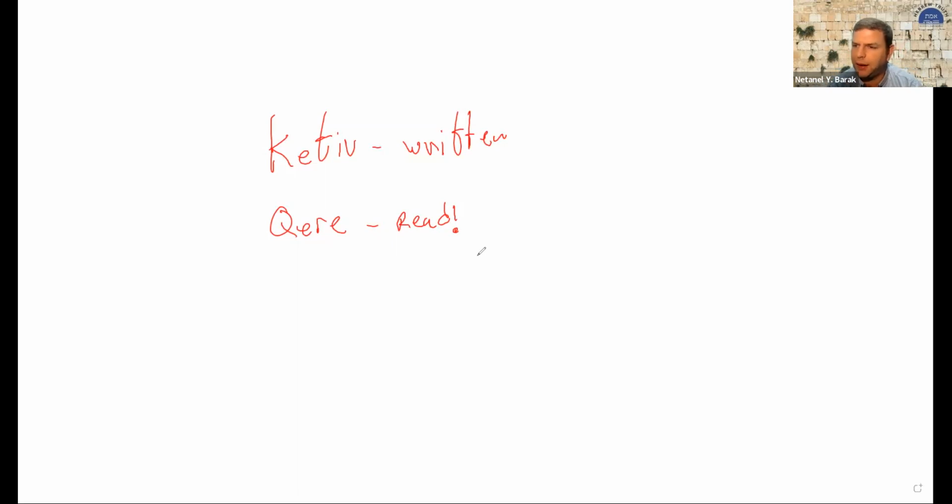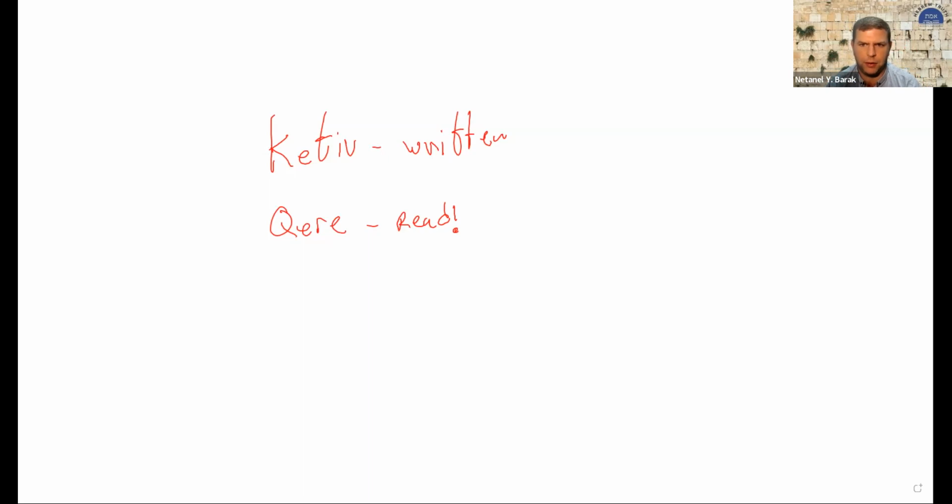So Ketiv and Qere are like two traditions, usually about a given word, on how one should write it versus how one should read it. Usually, the reading and the writing of the word are identical to one another.